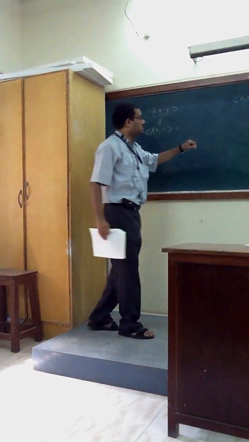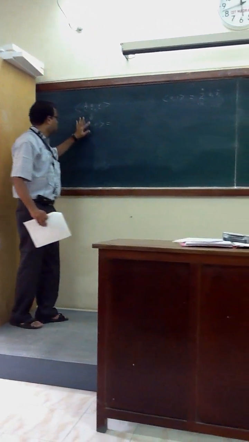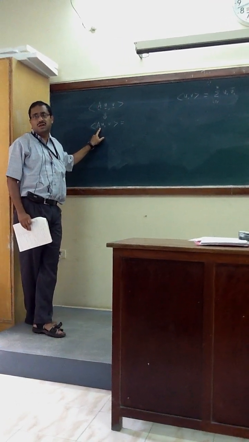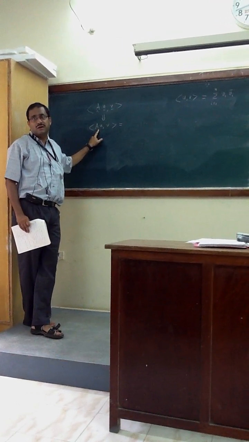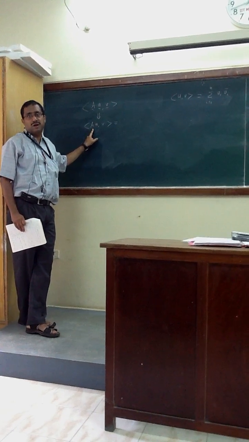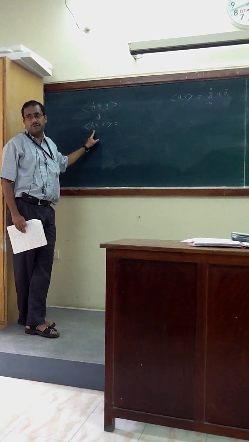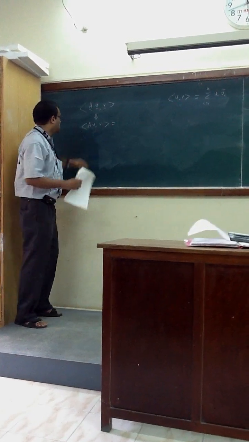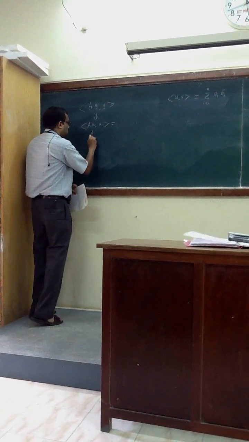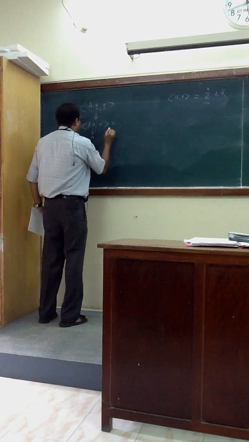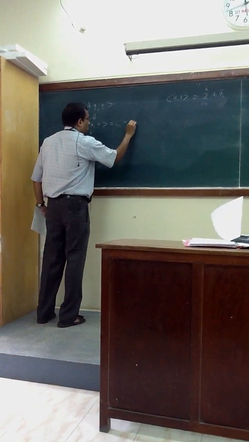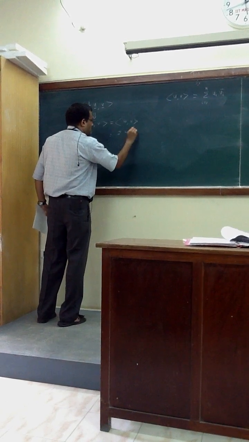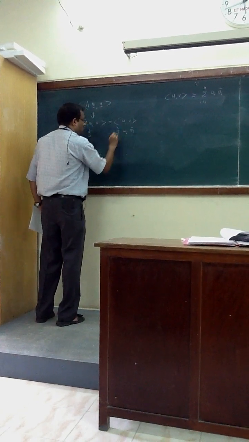So what actually happens? A is a matrix and U is a vector. The resultant is a vector, right? I am multiplying a matrix by a column vector, and you are getting a column vector. If I say this is W, then I have the inner product of W and V, which is the summation of W_i V_i bar, i equals 1 to n.